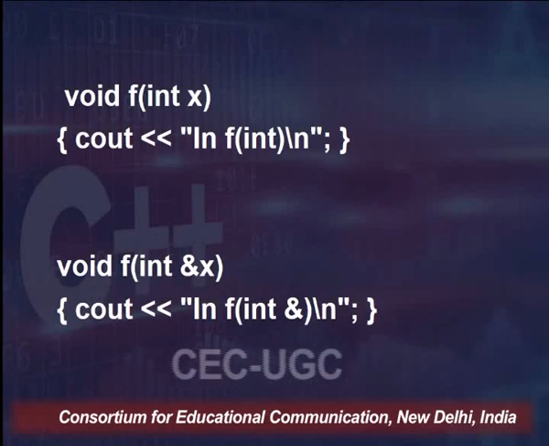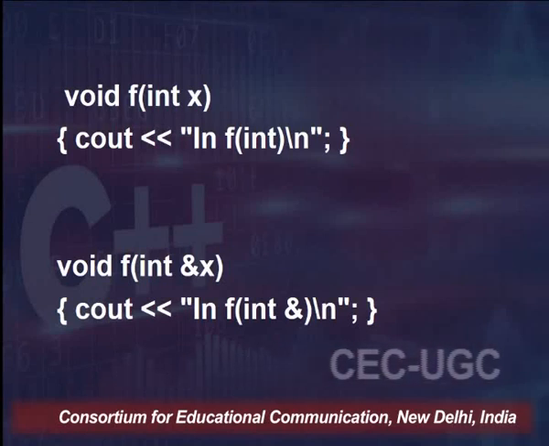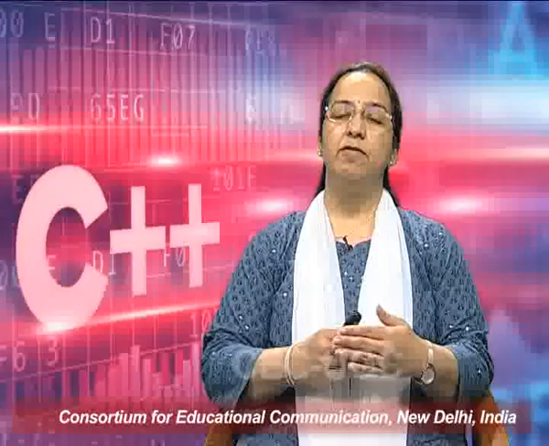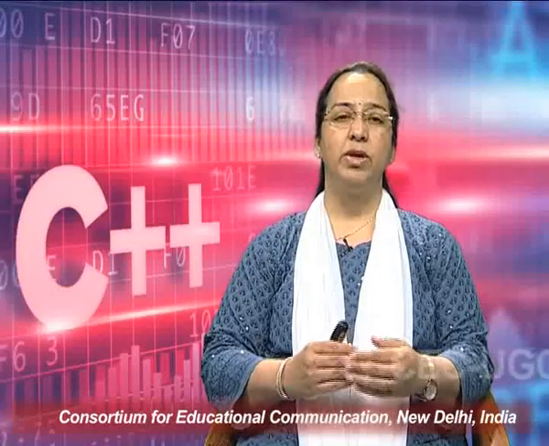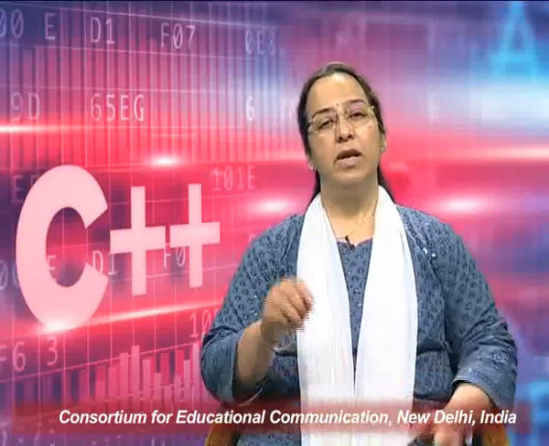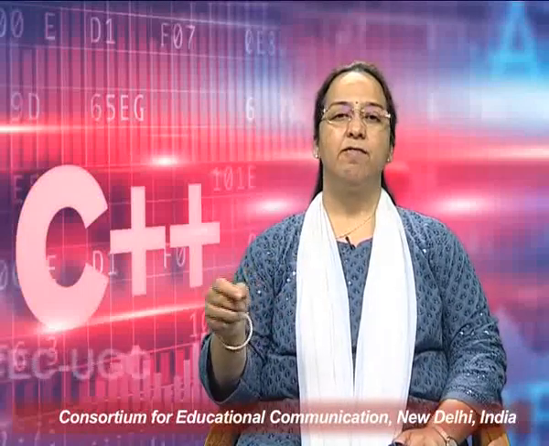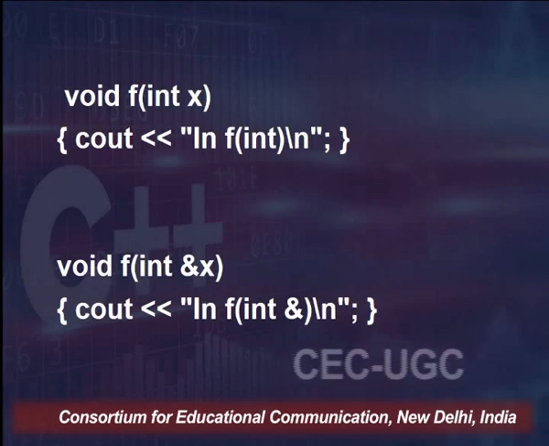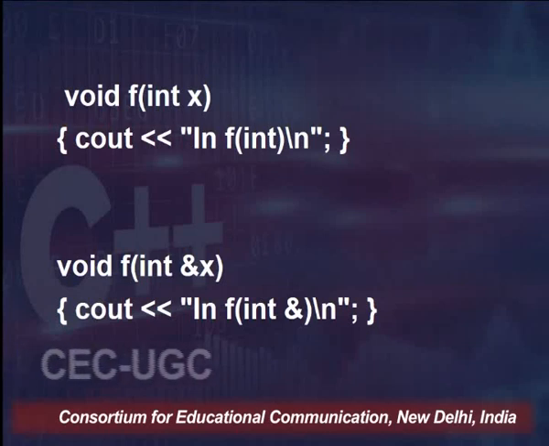So within the definitions, we are trying to figure this out with the help of a cout statement. The definition of the function with integer x will print using printf of the x, and the one with integer &x is also going to print using printf.